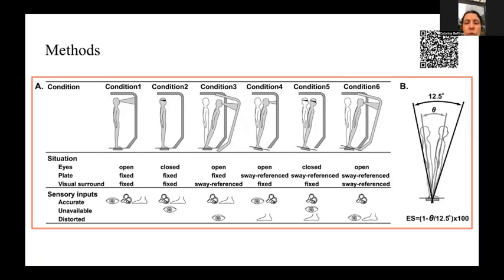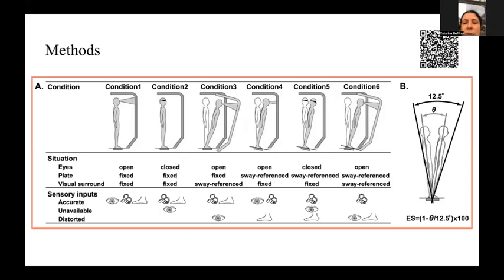In condition 2, we ask the patients to close their eyes, and we have the proprioceptive and vestibular systems applying to postural balance. Condition 4, we have the sway reference, and this damages a little the proprioceptive, the somatosensory information, and the patient stays in postural balance because of the vision and vestibular system.